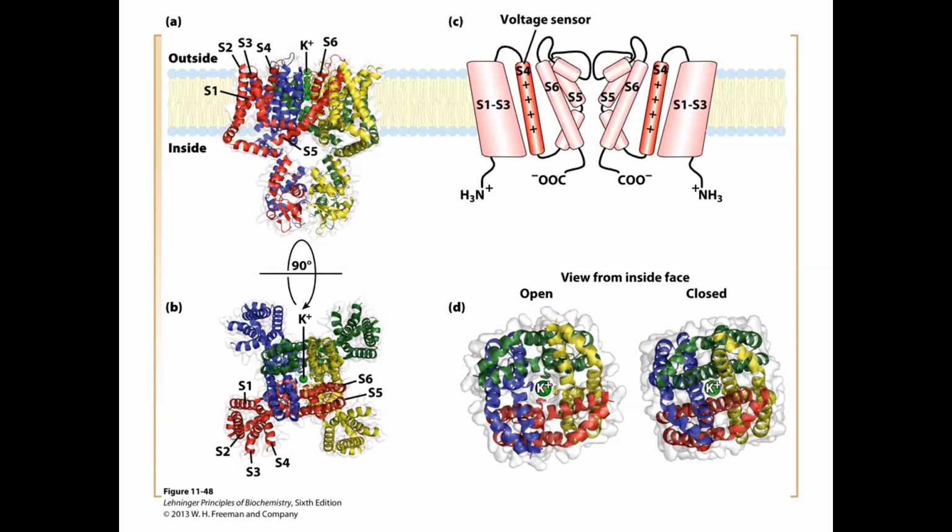Smaller ions don't have that beautiful fit. You don't get that tight interaction with the components of the channel. They therefore are going to bounce in, bounce off, and bounce out. There's too much energy required for them to go through the channel. That's why this is specific for potassium and not sodium, even though sodium is smaller.